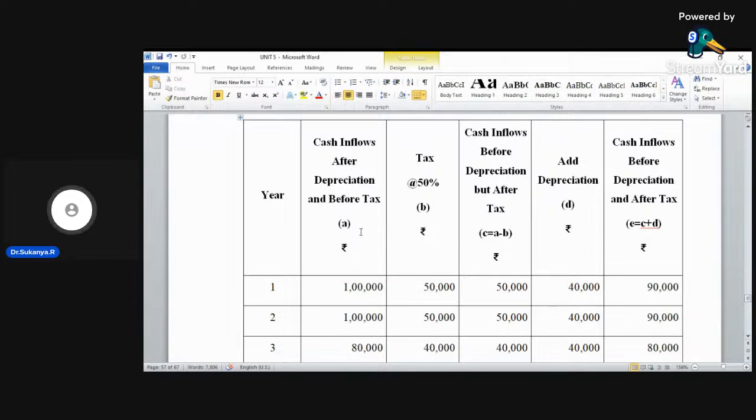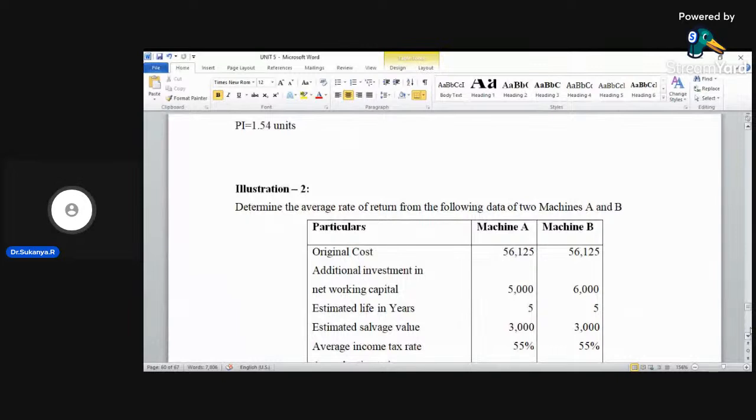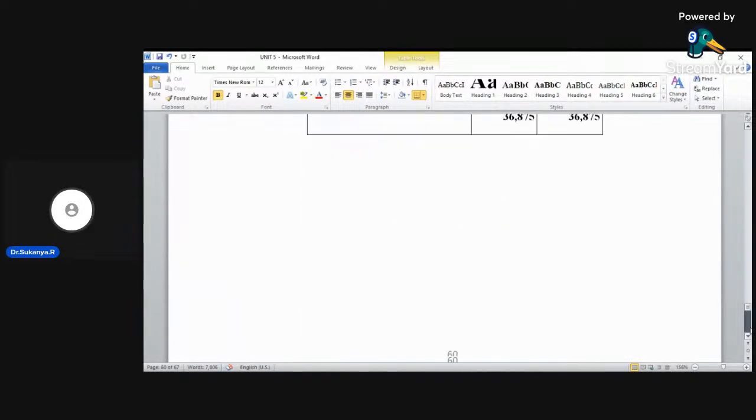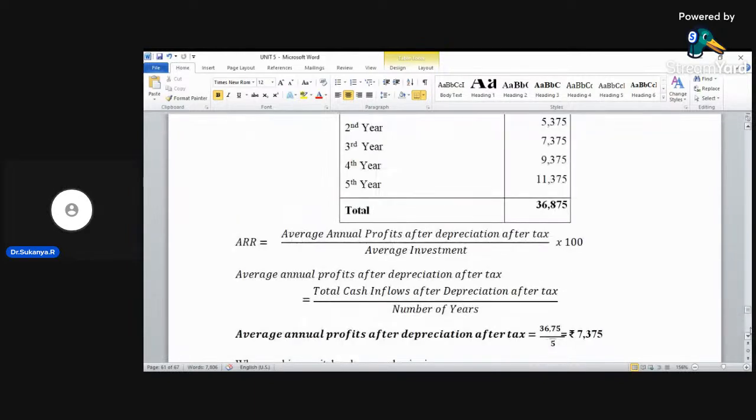So you will take those values, and once you reduce the tax component, you will be getting cash inflows before depreciation and after tax. Dear students, if you add back the depreciation, you will be getting cash inflow before depreciation and after tax. That means whenever you are working out any 15-mark question, first of all, you have to see whether the problem is in the required format or not. Only then you have to go ahead.